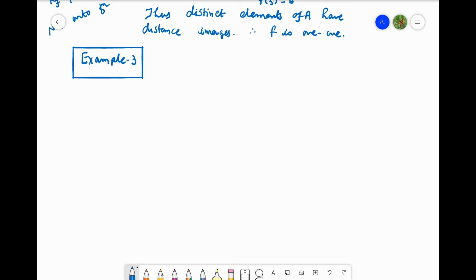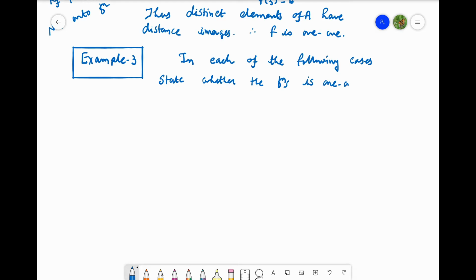In each of the following cases, state whether the function is one-one, onto or bijective.